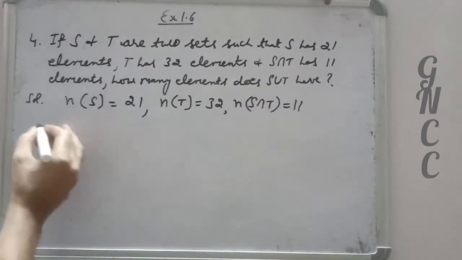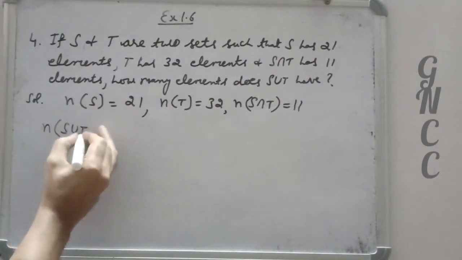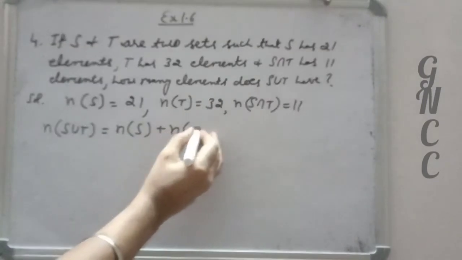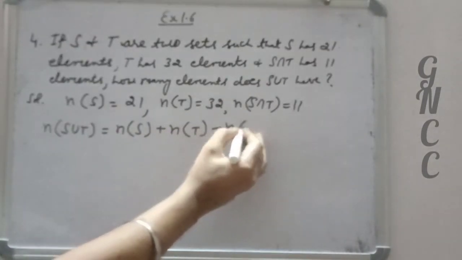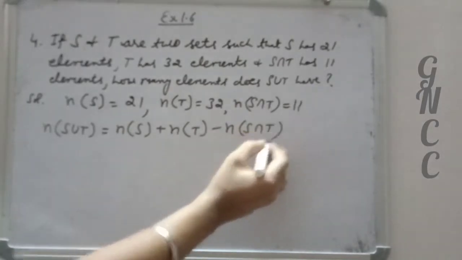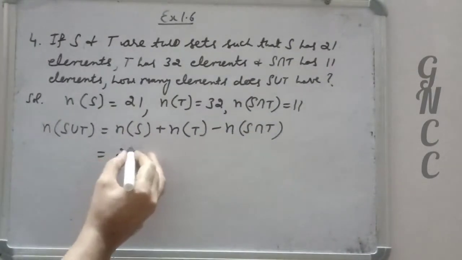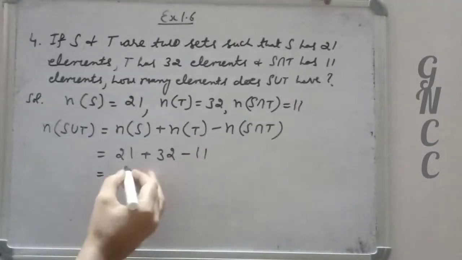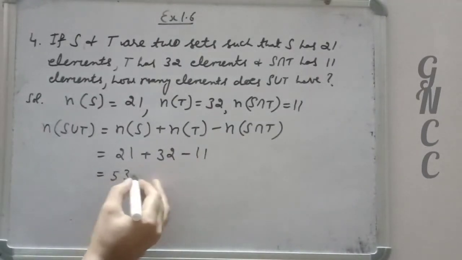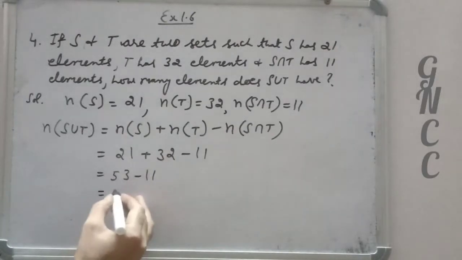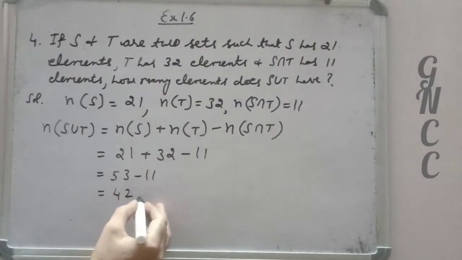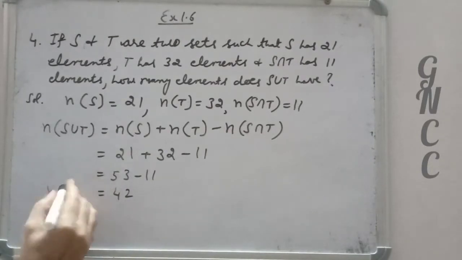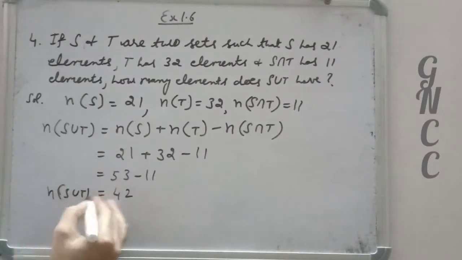So by formula, n(S union T) equal to n(S) plus n(T) minus n(S intersection T). n(S) is 21, this is 32, this is 11. This is 53 minus 11. This is 42. So n(S union T) equal to 42. This is the answer.